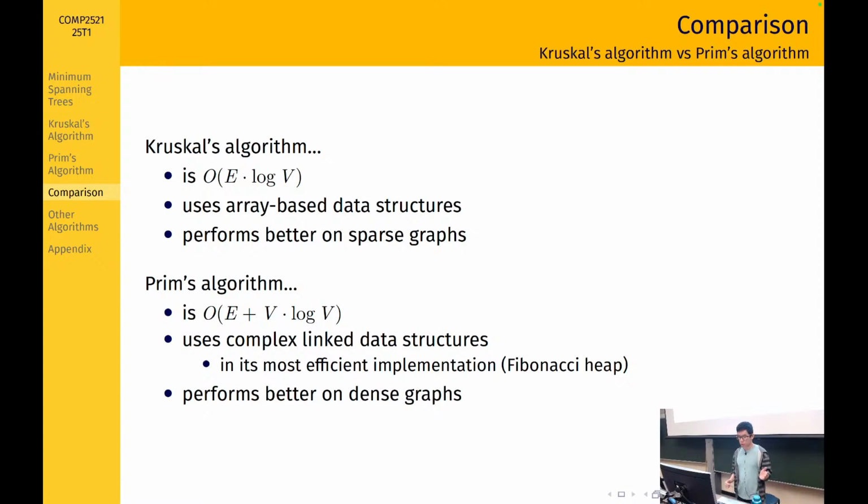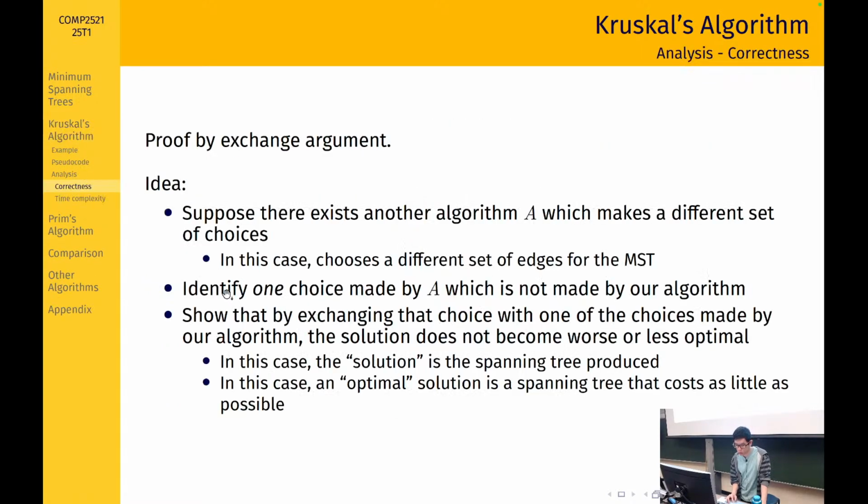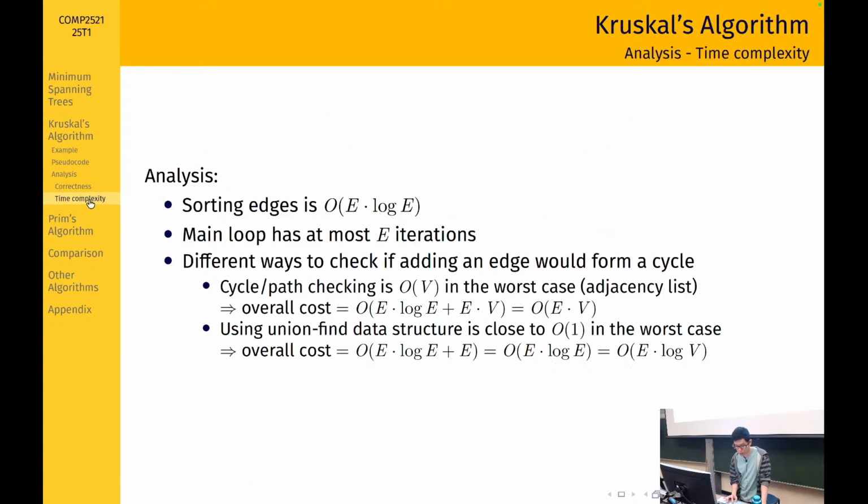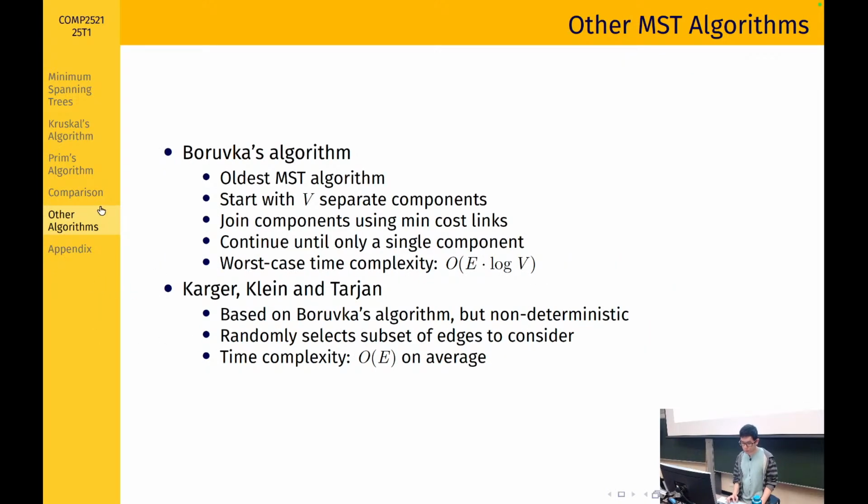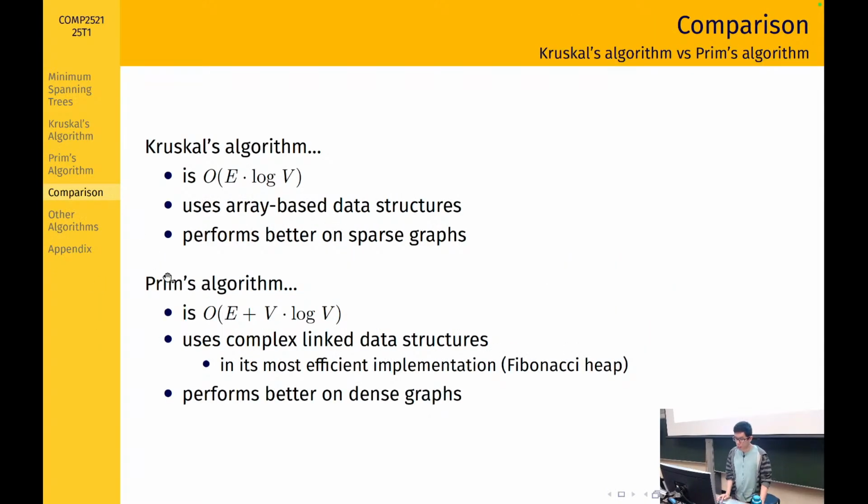Now which one is better depends on the implementation details. What data structures do these algorithms use? For Kruskal's algorithm, if we use the union find data structure that I mentioned, the union find data structure is an array-based data structure. It's out of the scope of the course, but just so you know, it's array-based.